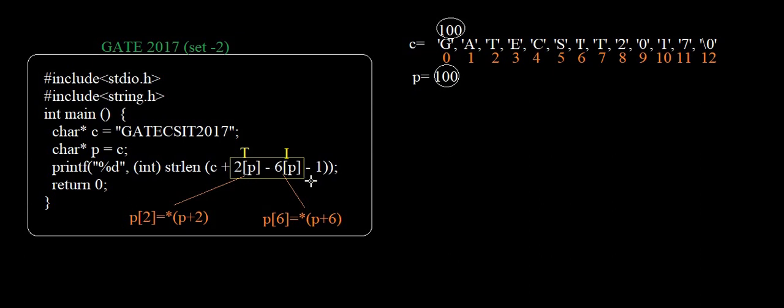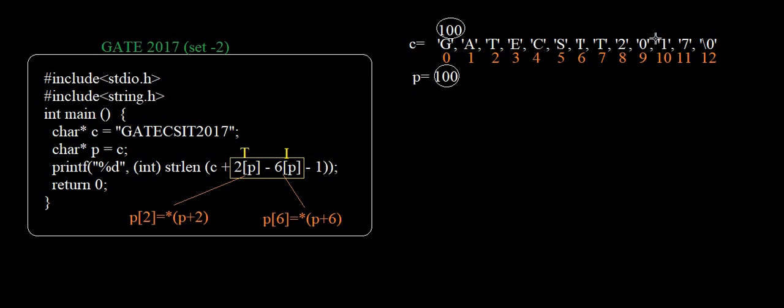Now 11 minus 1 is 10, and c plus 10 gives you this address. The strlen of this address will give you the number of characters excluding the null. From 10 we count the characters: 10 is 1, 11 is 2, and we skip the null character.